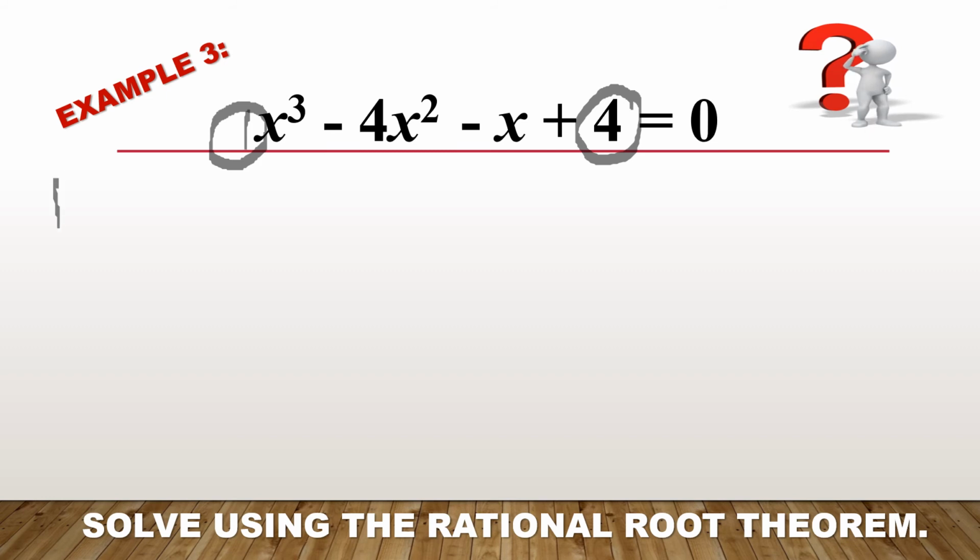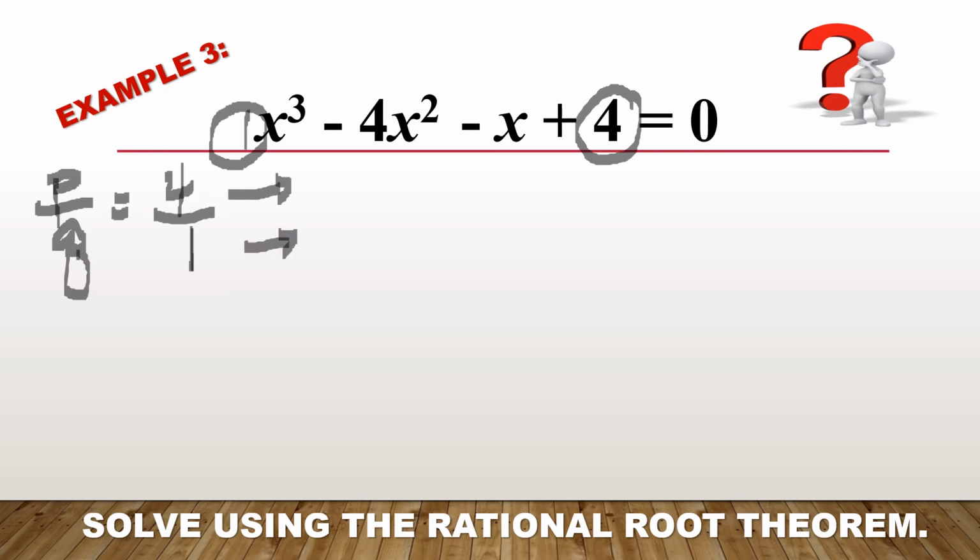So take note, it's P over Q. P stands for the constant, which is 4, and Q stands for the coefficient. So that's 1. Now, we have to look for the factors of each. The factors of 4 are positive, negative 1, positive, negative 2, and positive, negative 4.